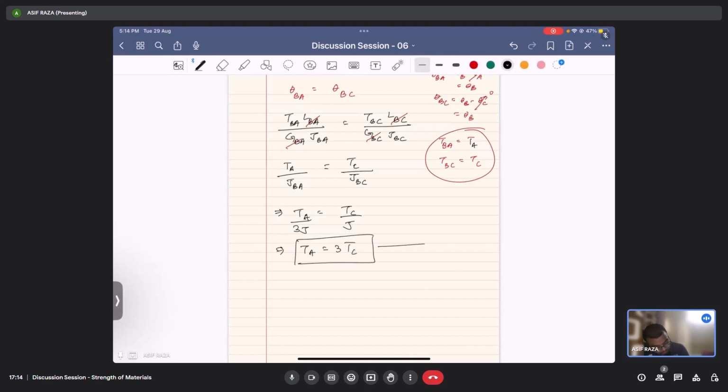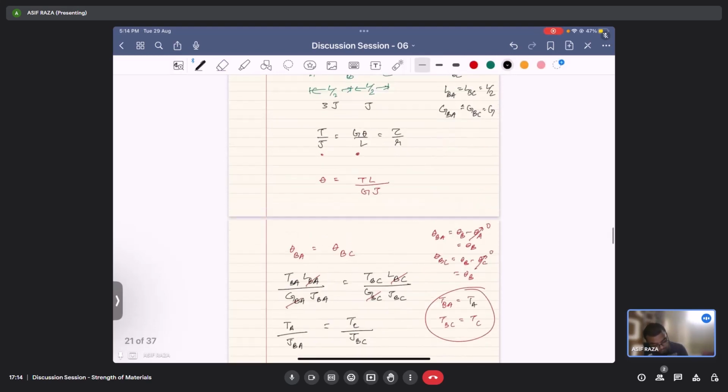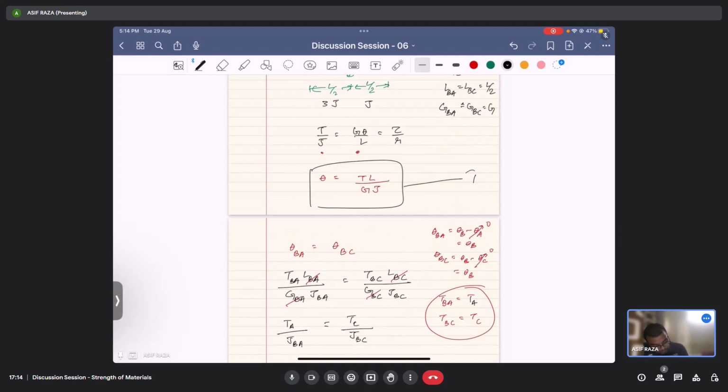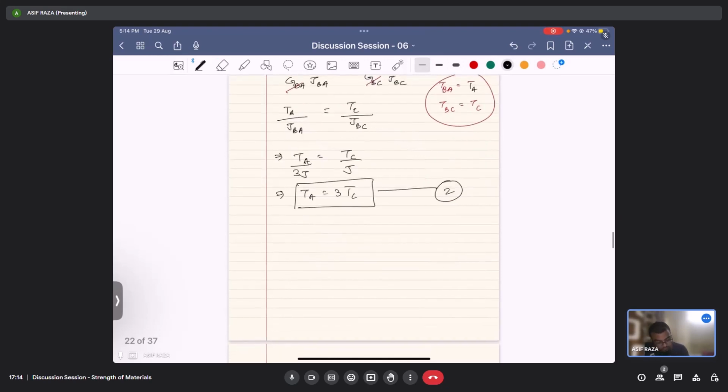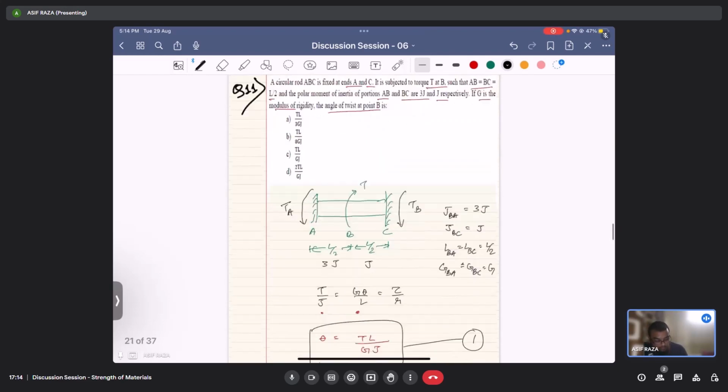So one of the equations, I'll write here 1, this is 2. One more equation is from the torque equilibrium equation.